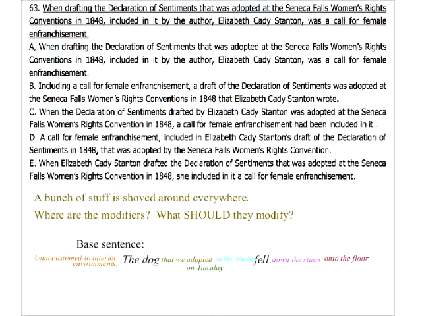So here's everything that's modifiers. That when drafting the Declaration of Sentiments, that's a modifier. That's a modifier. No, it's not. That's a backward constructed sentence. Included was this, so that's the basic sentence.